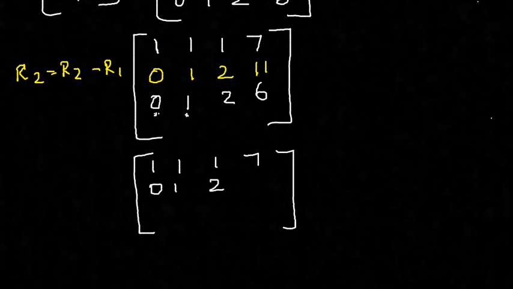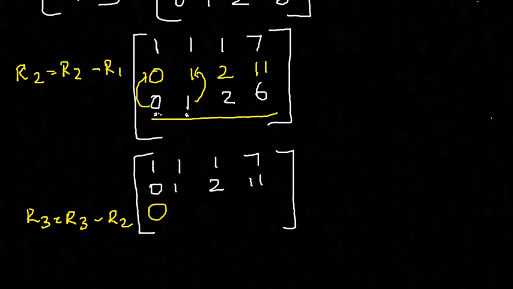Now if you see the third row, it's very simple, right? If I just say R3 is equal to R3 minus R2, automatically the first two elements will become 0: 0 minus 0, 0, 1 minus 1, 0, 2 minus 2, 0, and 6 minus 11, I will get minus 5 here, right?